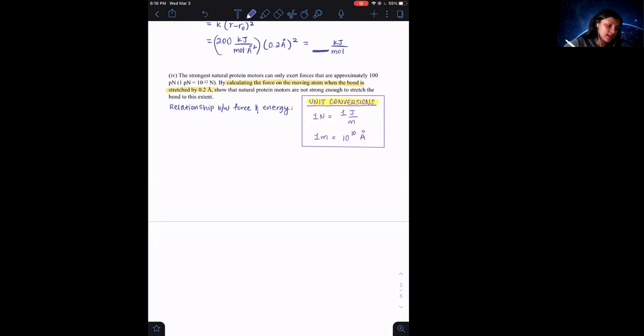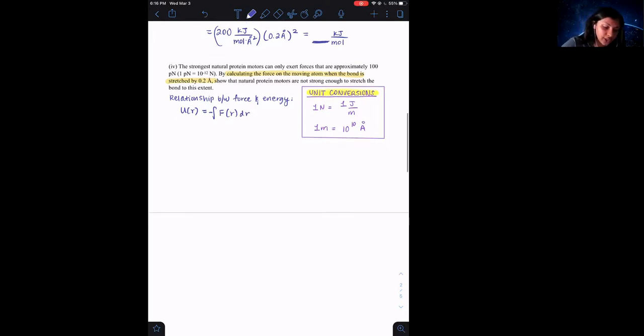So what I am trying to get at is that force is the derivative of energy. So the potential energy, U of R, is the negative integral of F of R dr. I am just deriving the force equation from this.